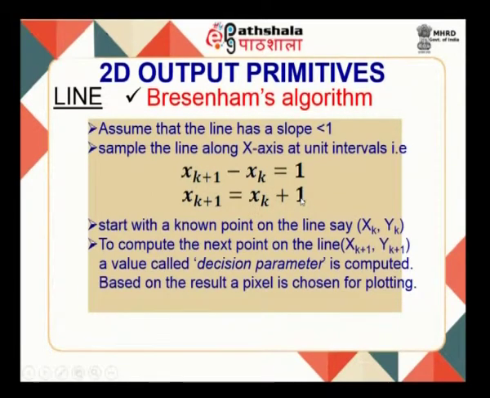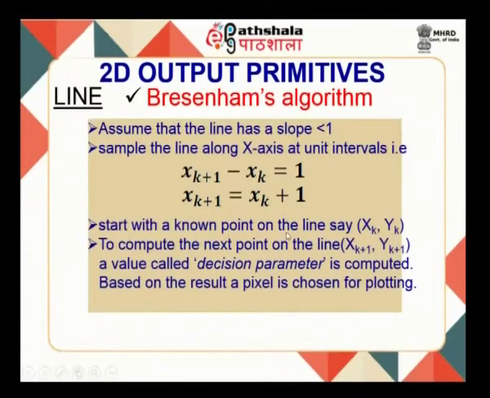Whenever we use the word next, we use the notation k plus 1 in the suffix. So, start with a known point on the line, say xk, yk, which is a known computed point on the line. Our aim is to compute the next unknown point on the line. Let us indicate that as xk+1, yk+1.